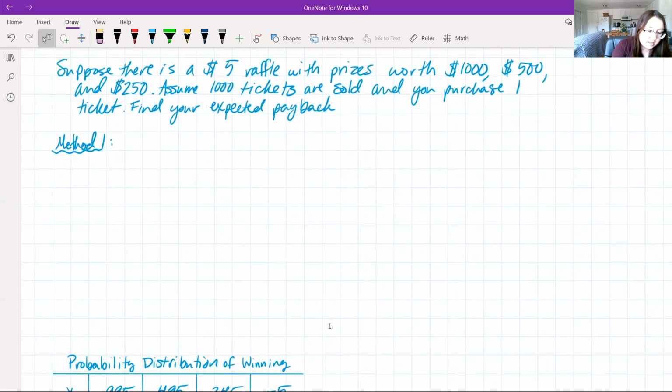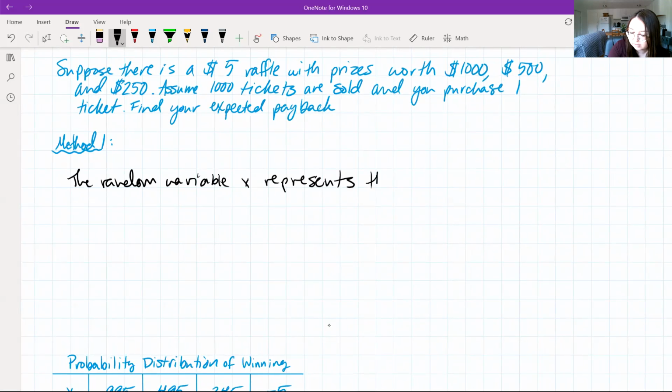we can say that the random variable x represents the possible amounts of payback.